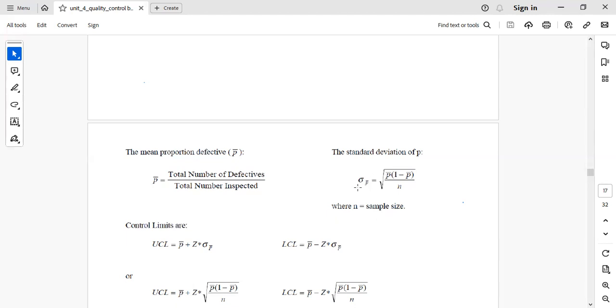The standard deviation, or the deviation from the required, will be the square root of P bar times 1 minus P bar. And we have said P bar is a fraction. That is why once you take 1 minus P bar, it will also be a fraction.